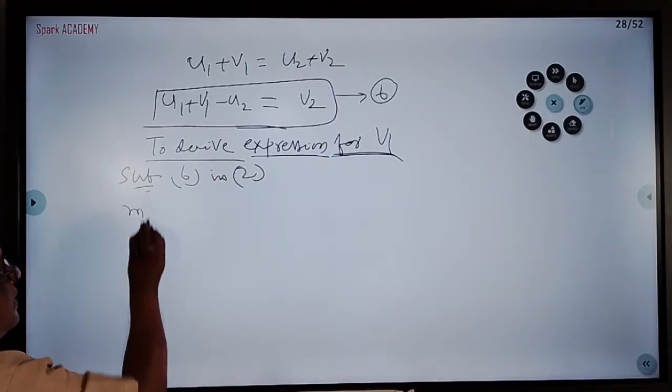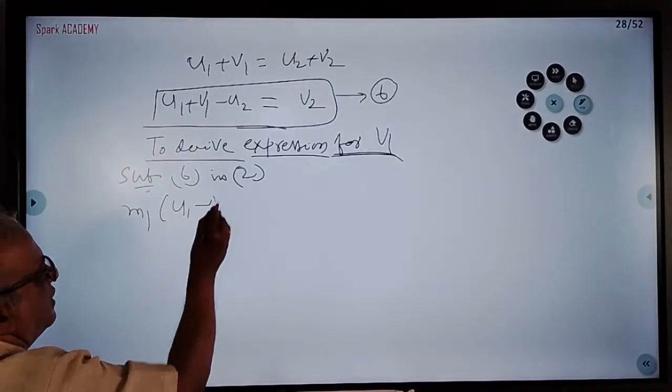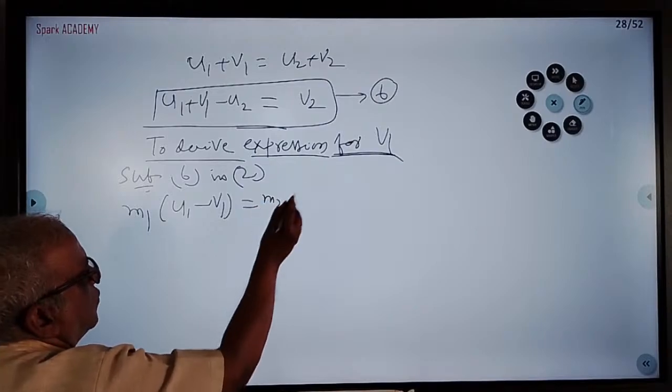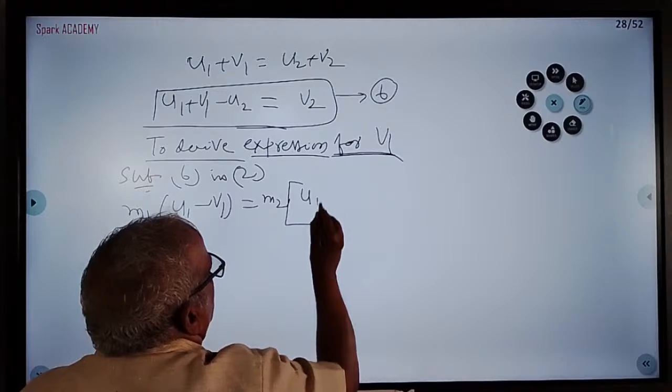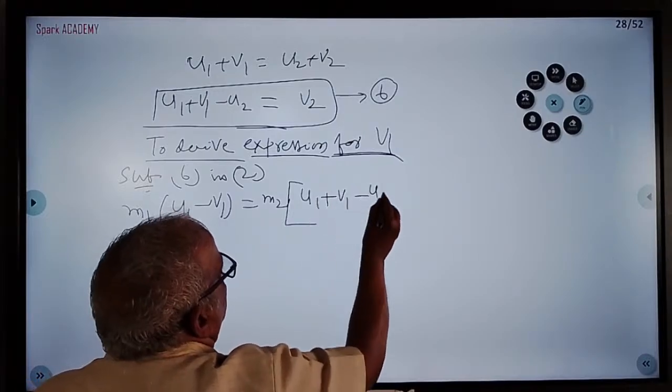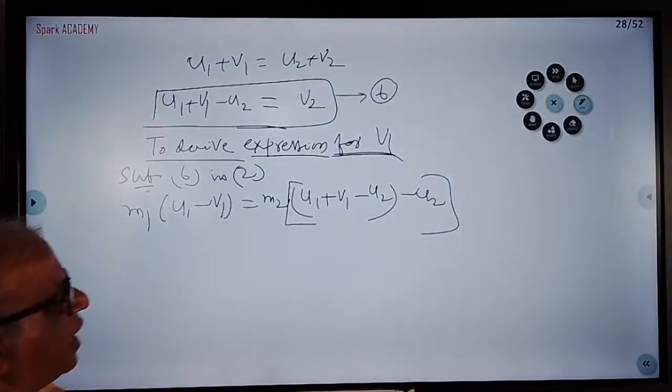What is the second equation? m1 into (u1 minus v1) equals m2 into (v2 minus u2). Here v2 minus u2, where v2 is u1 plus v1 minus u2. I am eliminating v2.